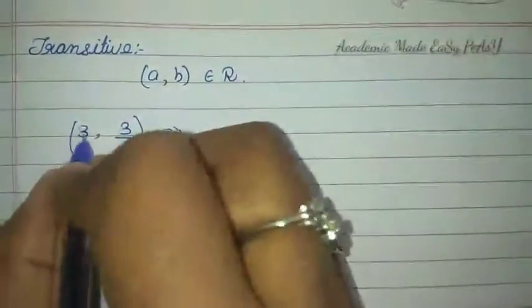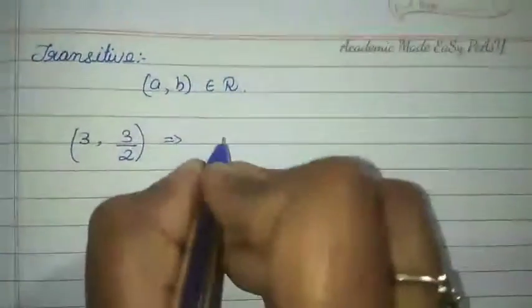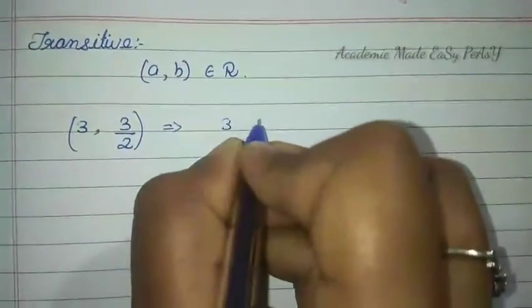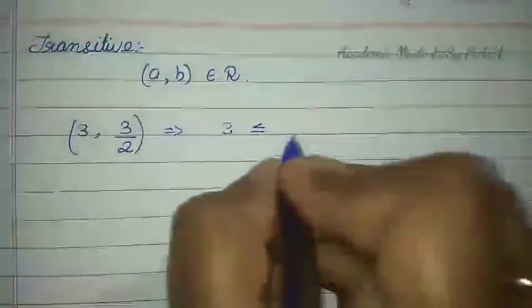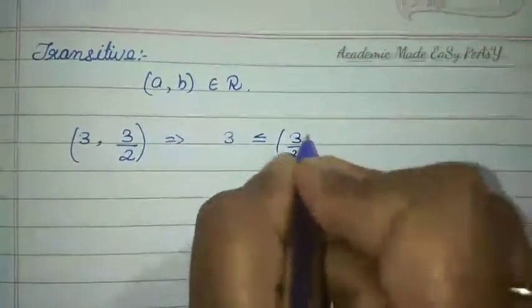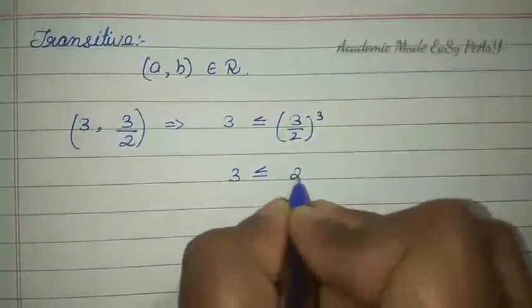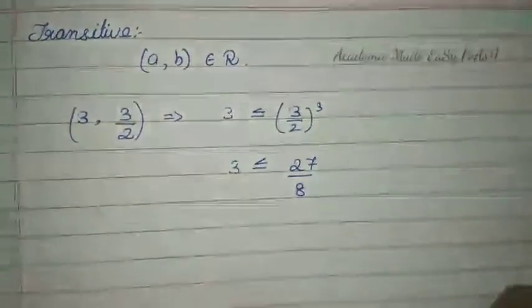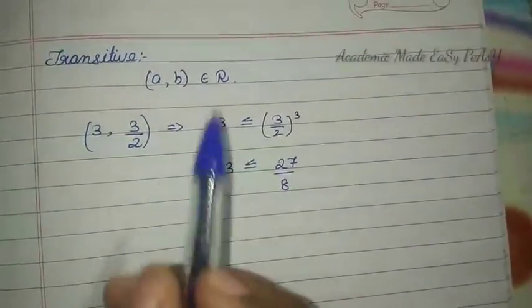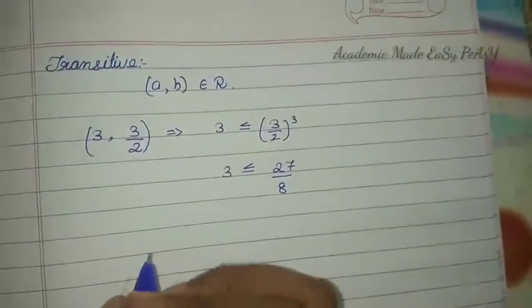So I have taken 3 and 3 by 2. So my a value is 3 less than or equal to, what is my b value? 3 by 2 the whole cube. This is the given condition. So 3 less than or equal to 27 by 8. So this condition is satisfied. So a comma b belongs to R.